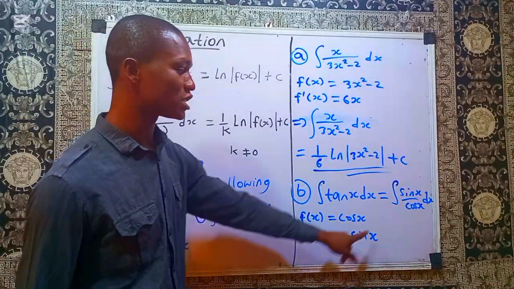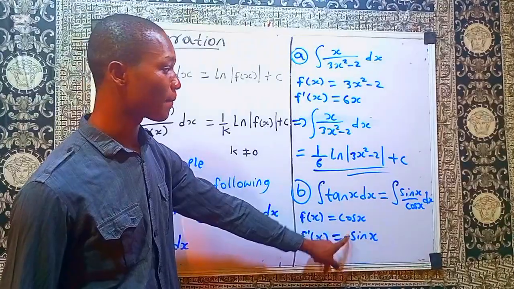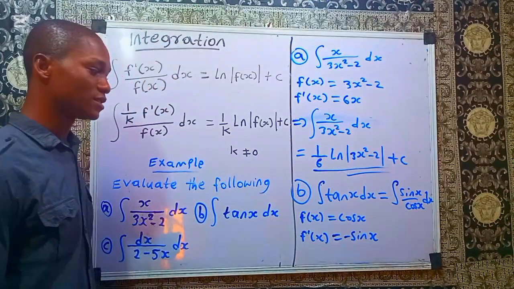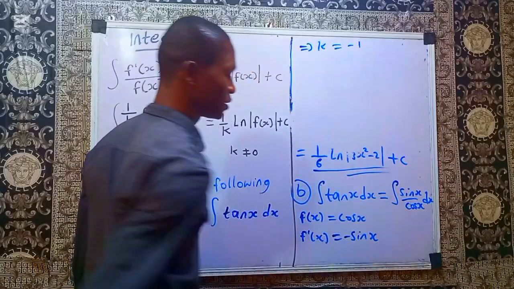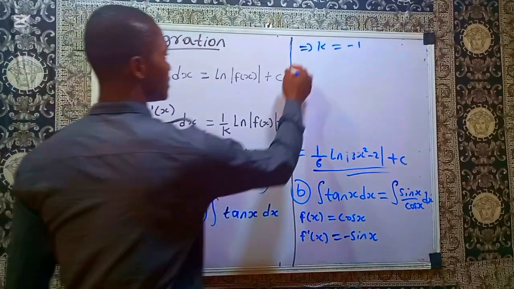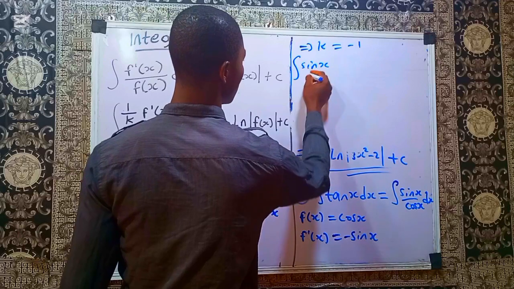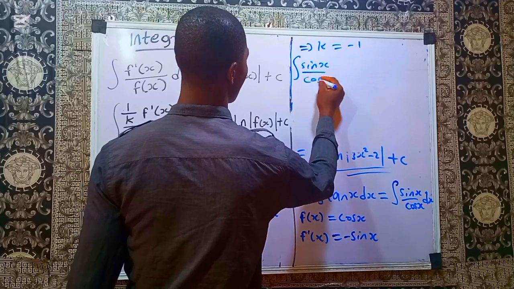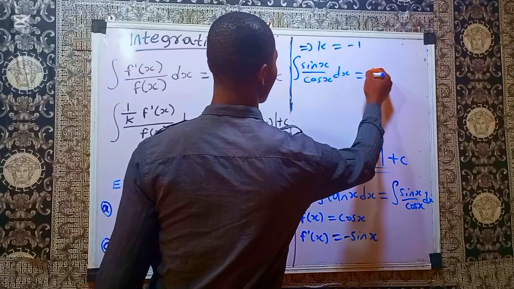The constant multiplying the quantity at the numerator is this minus here, that's minus 1. That's the constant k. So this implies that k is minus 1.